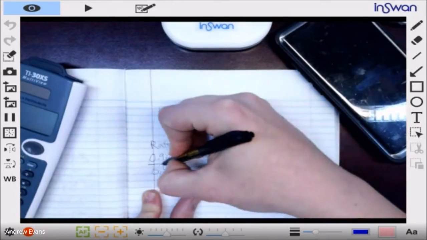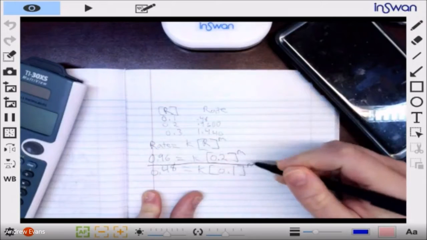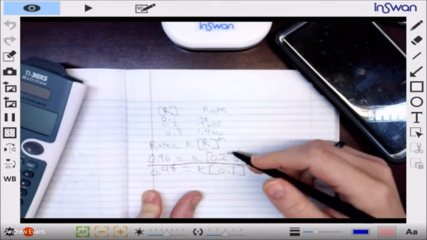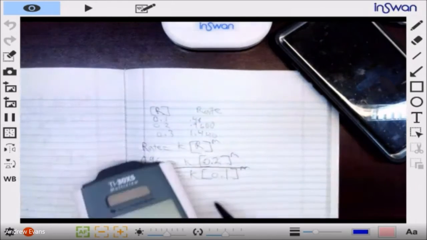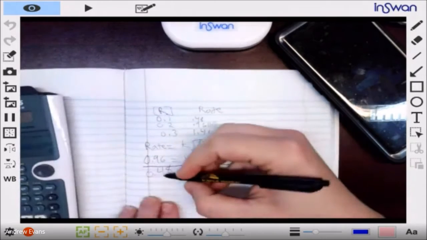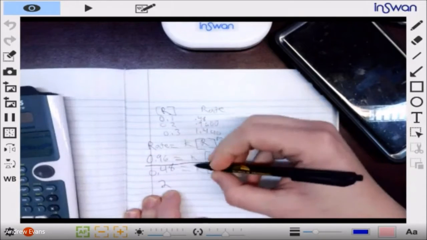So I'm going to divide the second one by the first one. So 0.96 divided by 0.48 is 2.